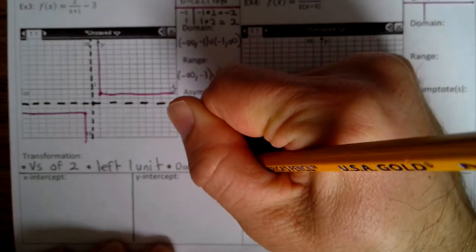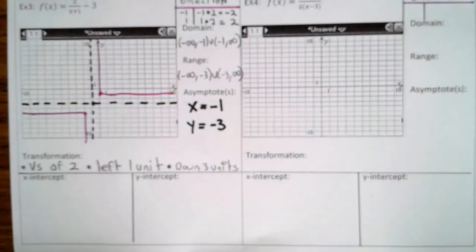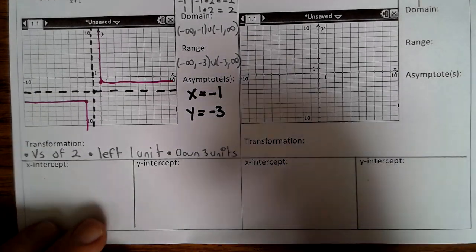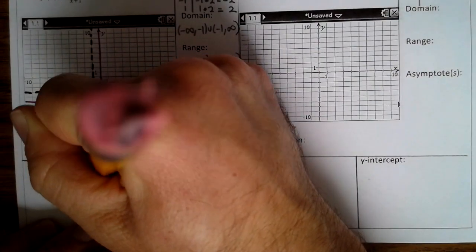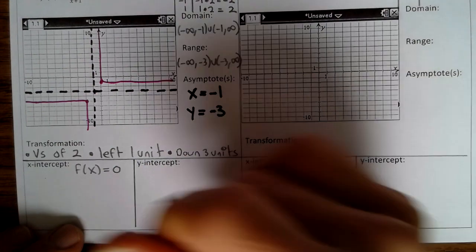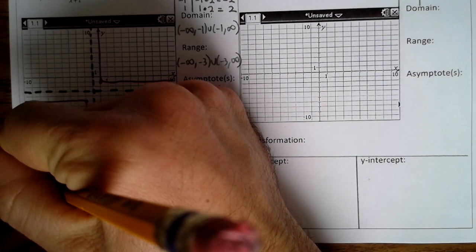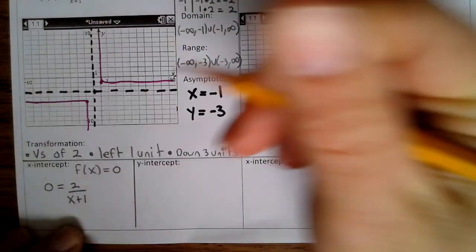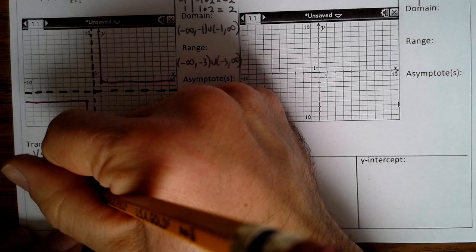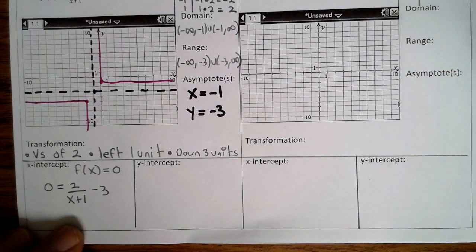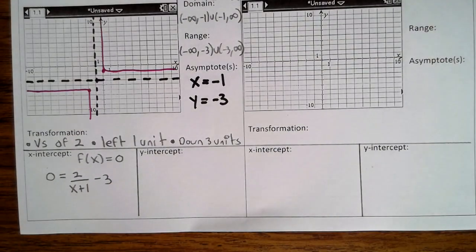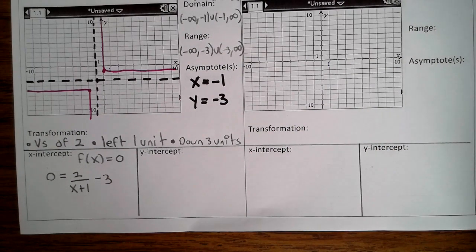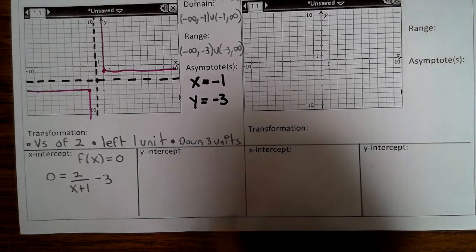All right, for the x-intercept, we know that we set f of x equal to 0. So 0 equals 2 divided by x plus 1 minus 3. So we're going to add 3 to both sides. You get 3 equals 2 divided by x plus 1.